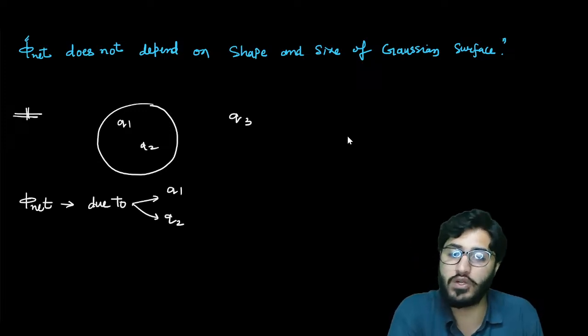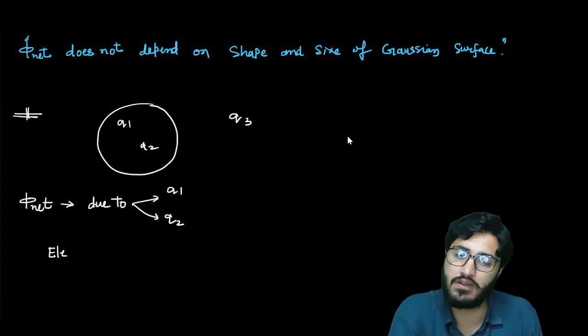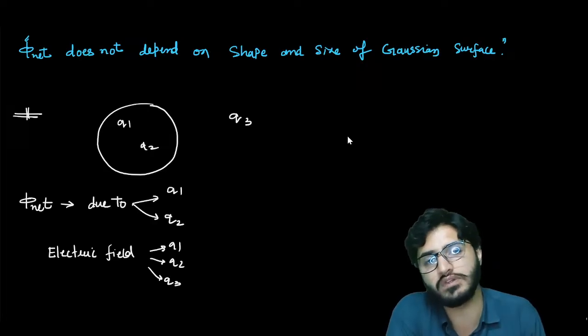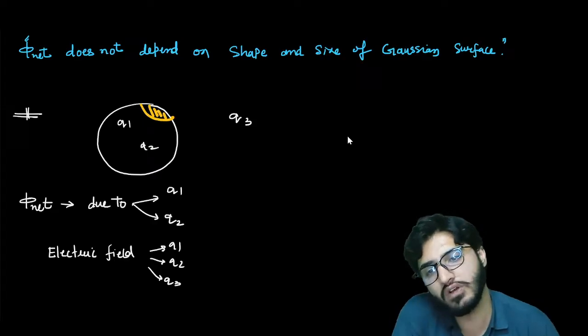But if you need to find the electric field, the electric field will be due to Q1, due to Q2, due to Q3. If we are talking about this particular area, flux will be only these two.